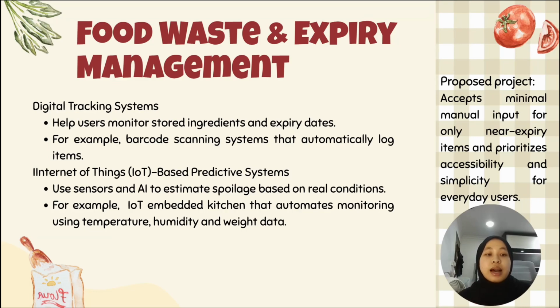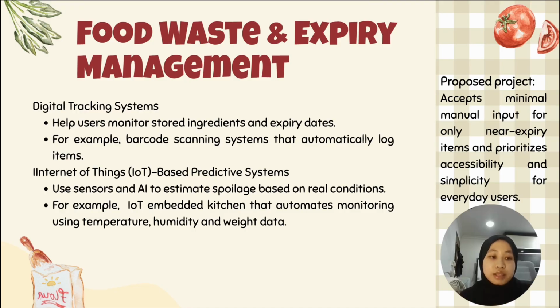More advanced are Internet of Things (IoT) based predictive systems, which use sensors to track temperature, humidity, and weight. Combined with artificial intelligence (AI), they can predict spoilage more accurately.